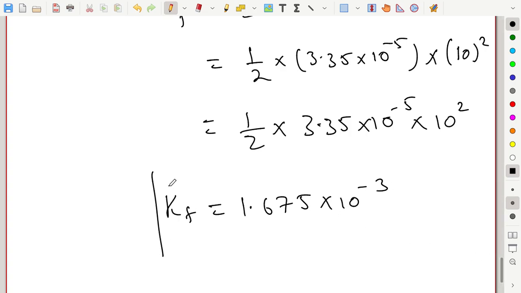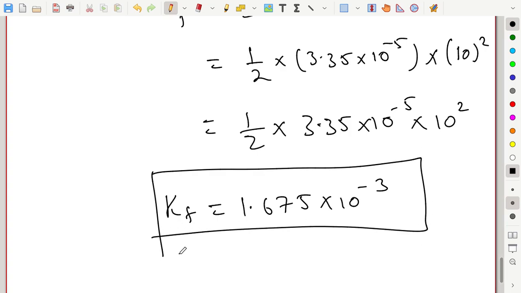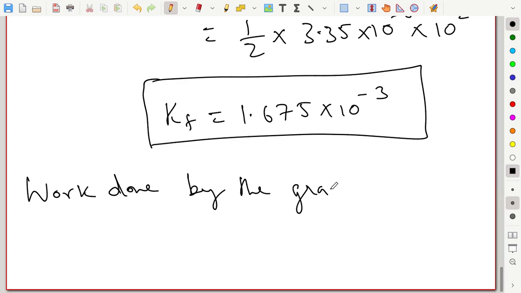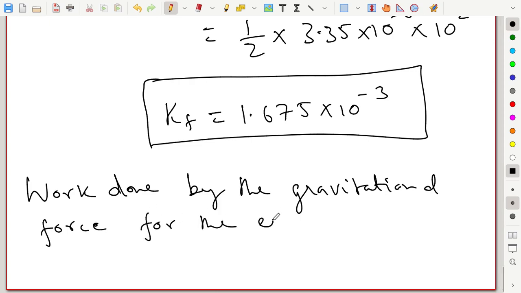So we have the final kinetic energy, and we need to find the work done for the entire journey. Work done by the gravitational force for the entire journey, that is 500 meters.